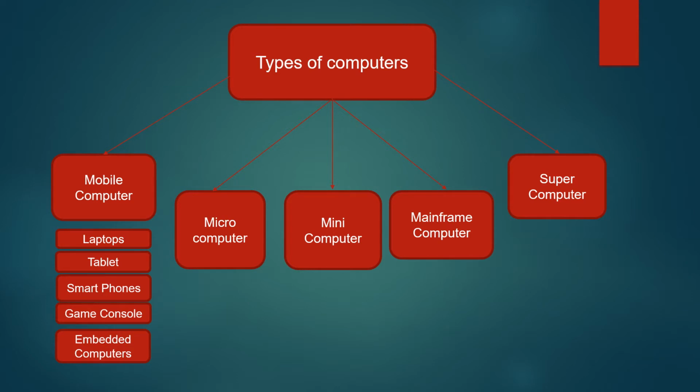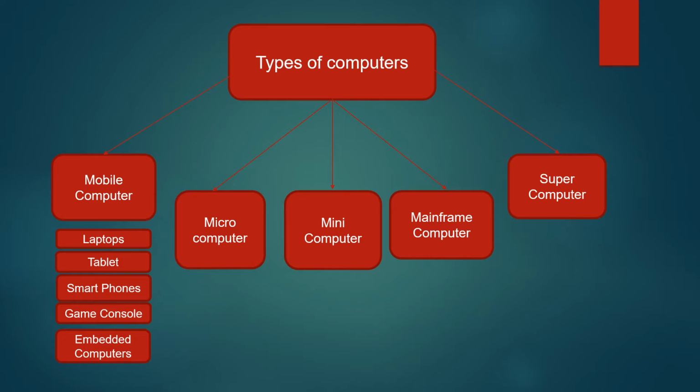As you can see in this diagram, there are 5 types of computer. First is mobile computer, second is microcomputer, third is mini computer, fourth is mainframe computer, and fifth is supercomputer. Again, mobile computers have their own categories like laptops, tablets, smartphones, game consoles, and embedded computers.